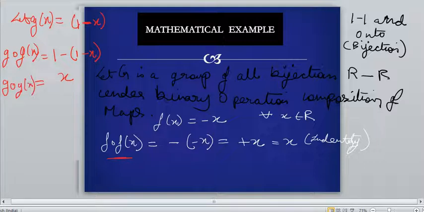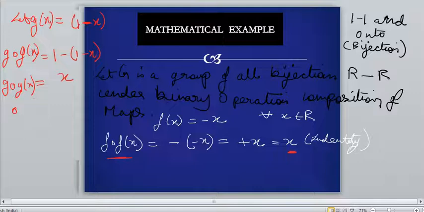Now, what is the order of the function f? Can you tell me? I'll make you understand.